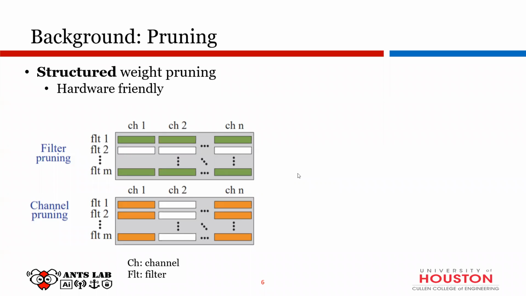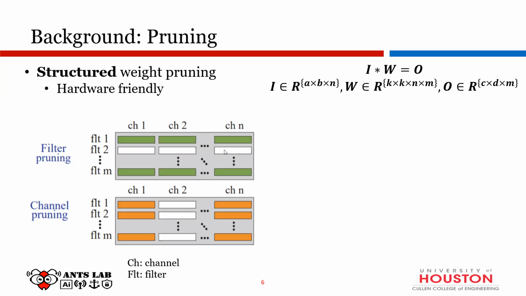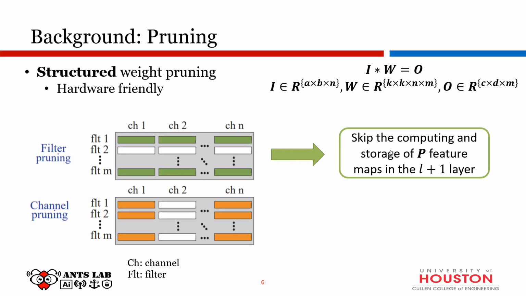However, for filter pruning, because we prune the entire filters, according to the convolutional operations, you can see that if we prune the total number of K filters in this layer, we can skip the computing and the storage of the feature map in layer L+1.